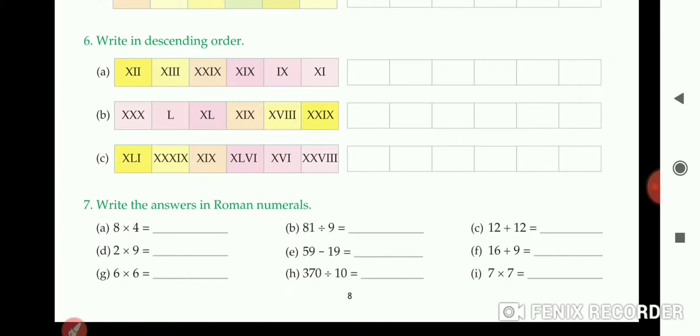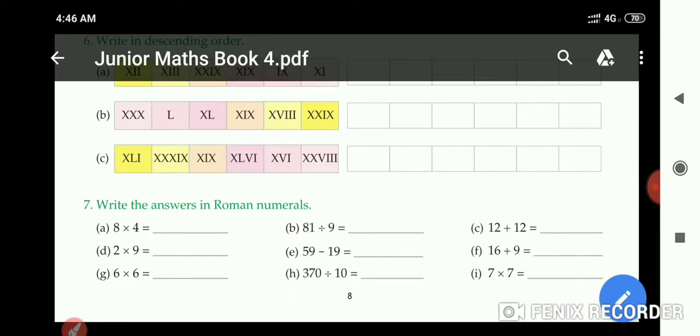We write down the numbers and then we write down the largest number first. So, which is the largest number? 29. Then 19. Then 13, 12, 11 and 9. Like this we will arrange in descending order.